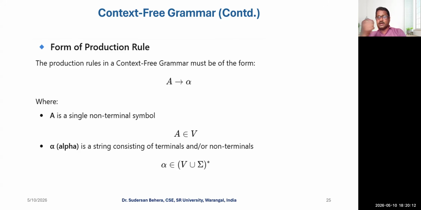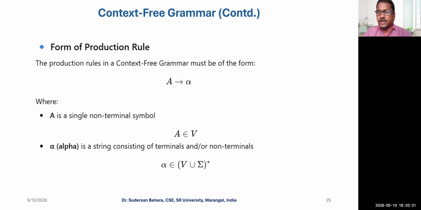It may generate a string of length 1, of length 2, of length 4, 5, up to length n. So it can be a null string. It can be a single terminal.